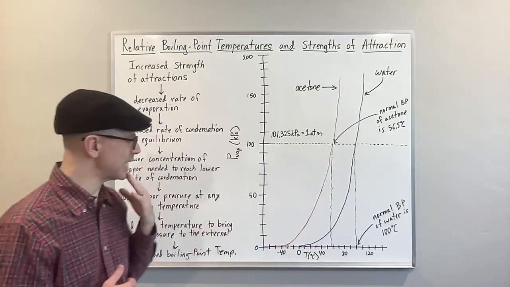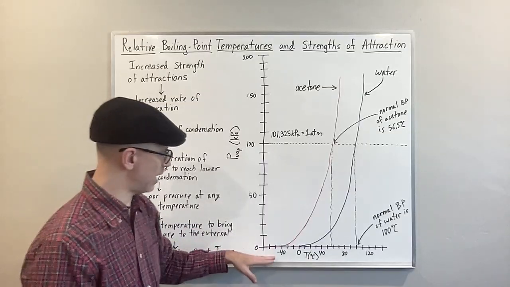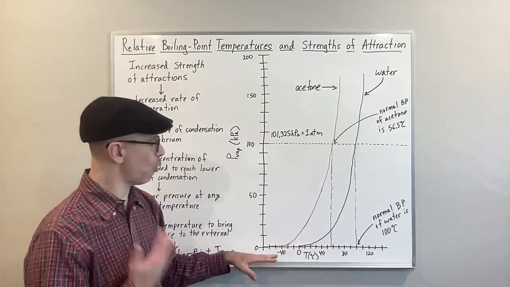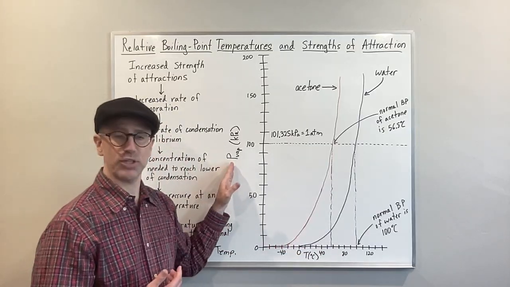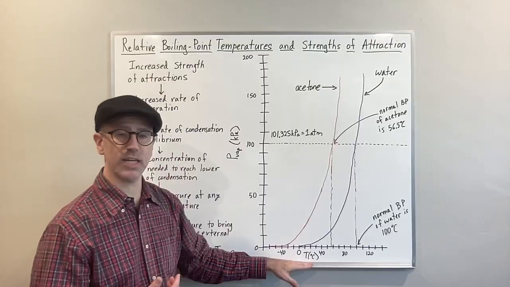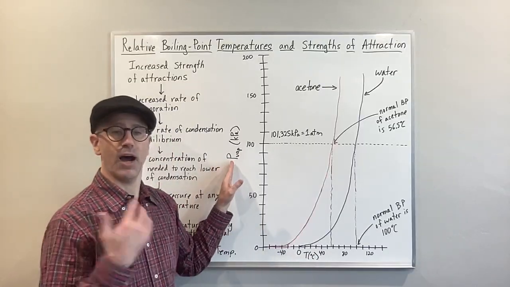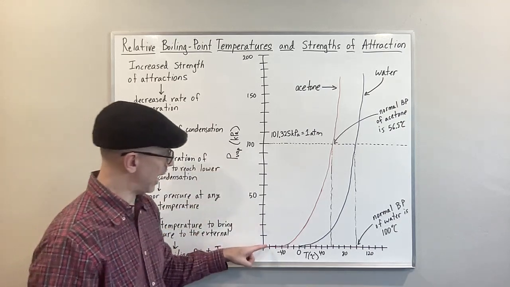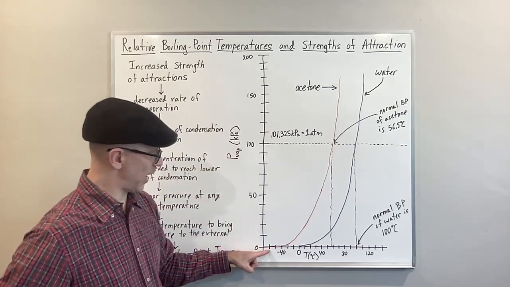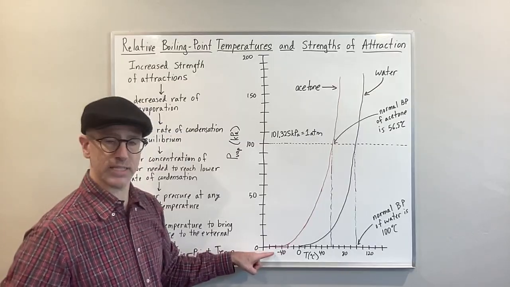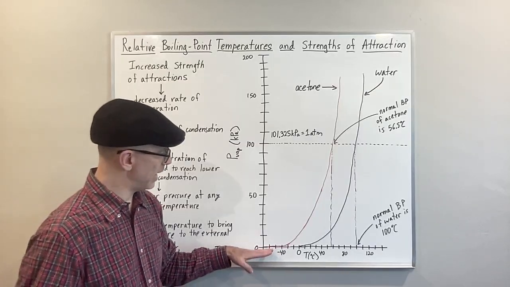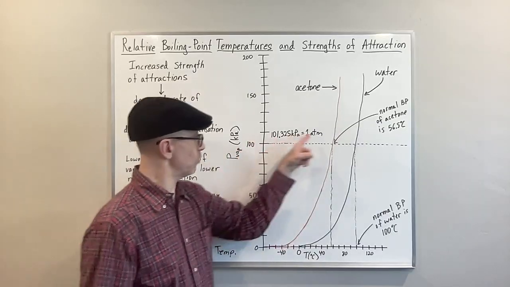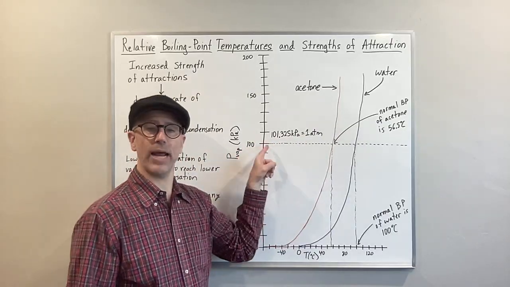And so we can see here the temperature needed to get to boiling, and then this is the vapor pressure. So we're looking at the temperature needed to get to the vapor pressure that's going to meet the external pressure for boiling, right? What you can see with acetone is that it starts here in the negative degrees Celsius, and as you're raising the temperature, here's our 1 atmosphere of pressure.